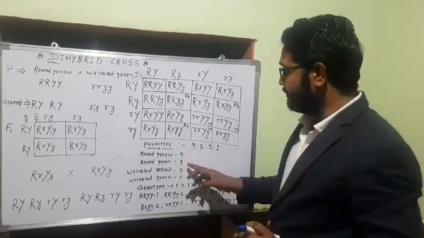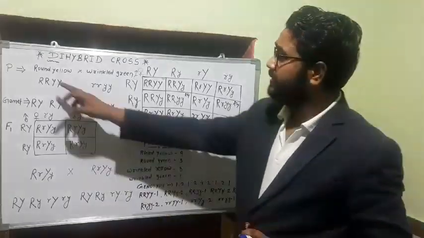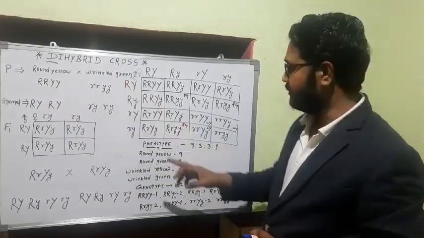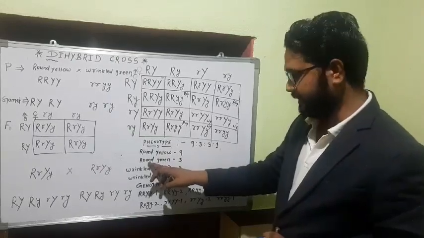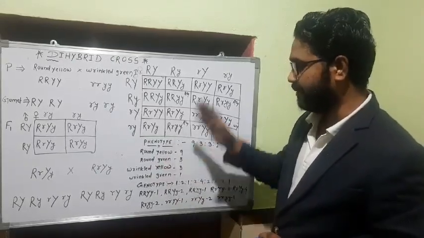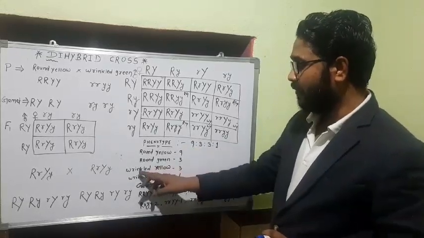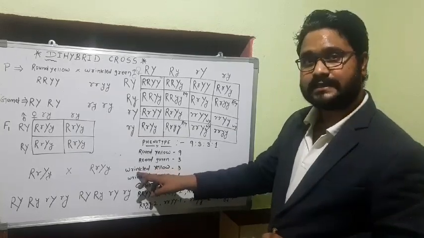Okay, this 3 indicates round and green. That means first dominant and the second recessive is here. So these 3 indicate first dominant and second recessive. Now in case of these three, wrinkled yellow, here second dominant exists and first recessive exists.